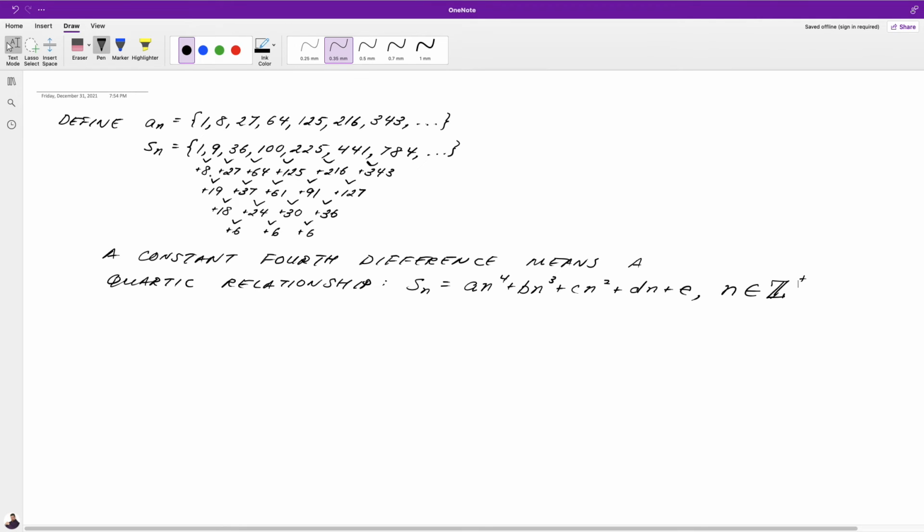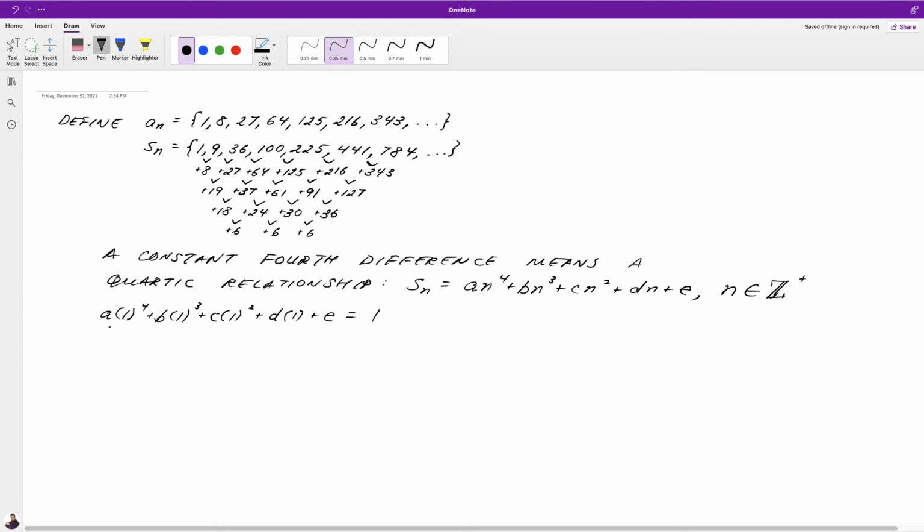So when n is 1, s sub n is 1, because 1 is the first partial sum. When n is 2, s sub n is 9, because 9 is the second partial sum. 3 is 36, 4 is 100, 5 is 225, and so on and so forth. Let's proceed in such a way. So we've got a 1 to the fourth plus b 1 cubed plus c 1 squared plus d 1 plus e equals 1.